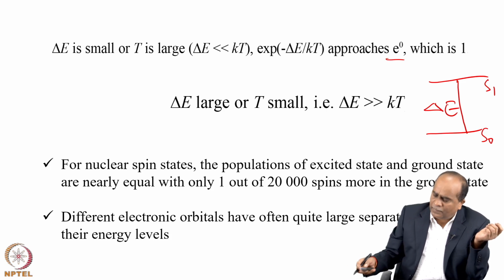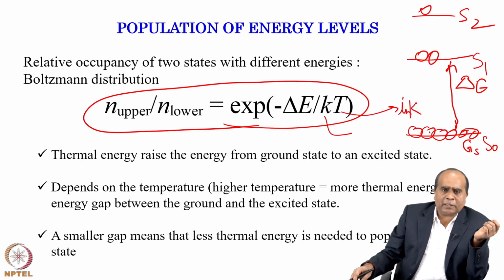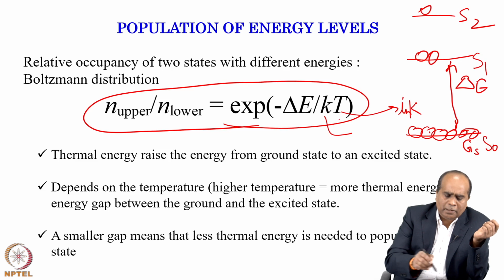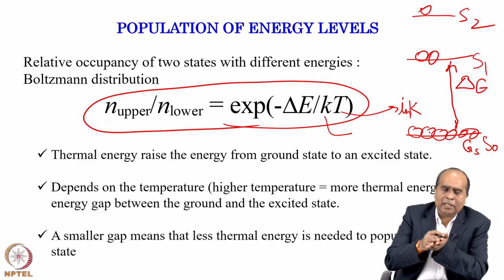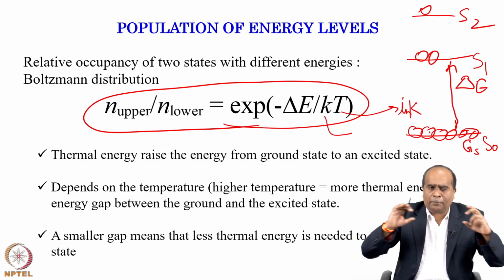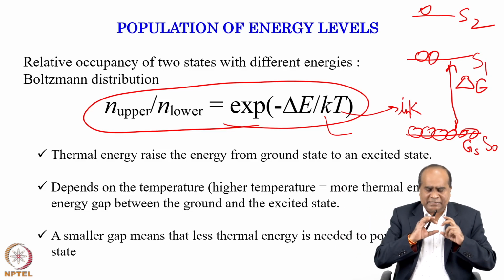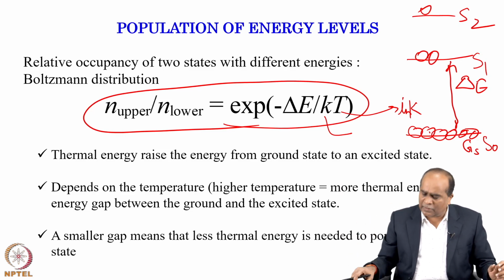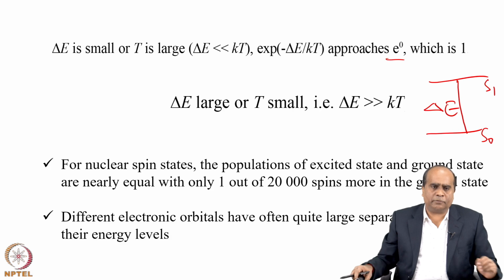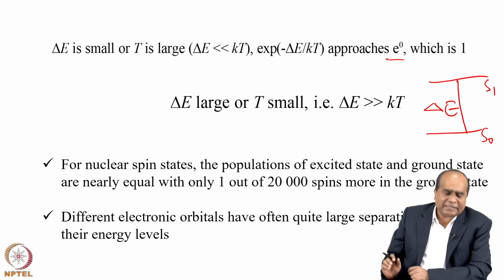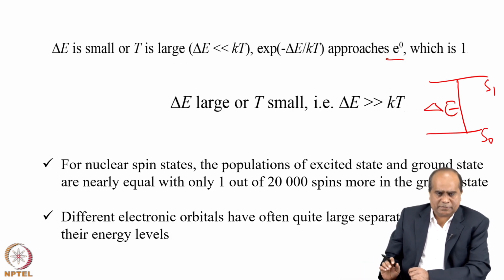So, if you go back, this term becomes 1, and the N upper and N lower ratio will be 1. That means the number of particles in the upper state and lower state will be more or less equal. So, let us take the case of nuclear spin, right.